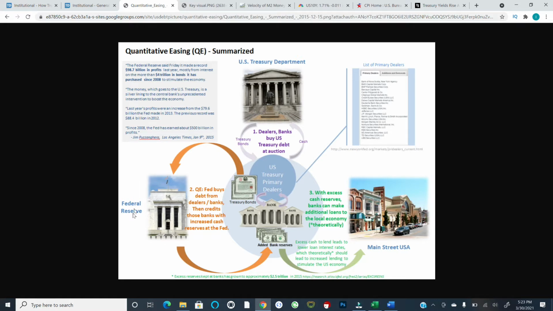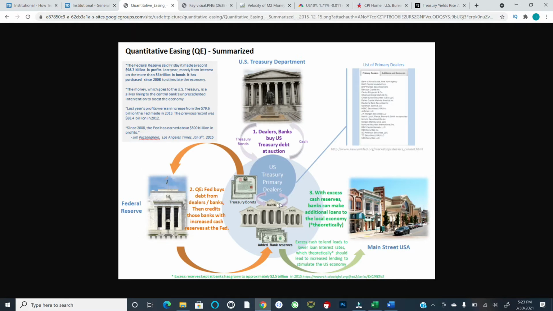Then the Federal Reserve is buying that debt from these financial institutions. And so they are taking those Treasury securities and putting them onto their balance sheet as assets. And then it's also adding to their liabilities additional bank reserves.